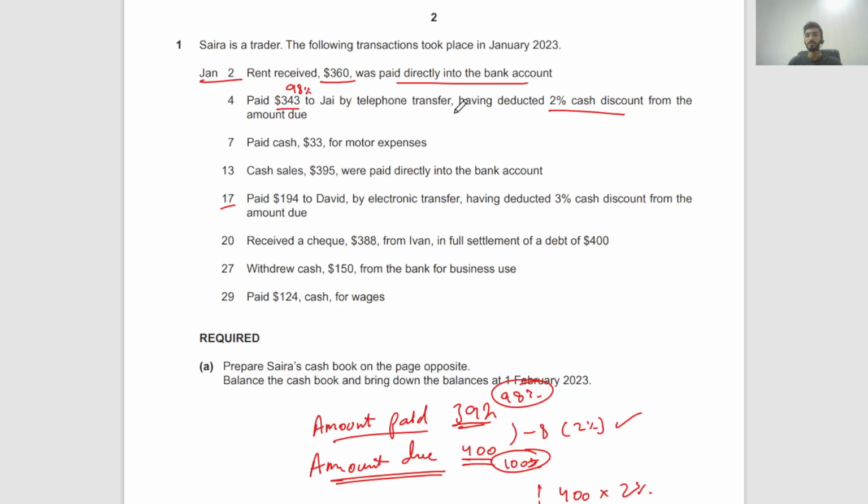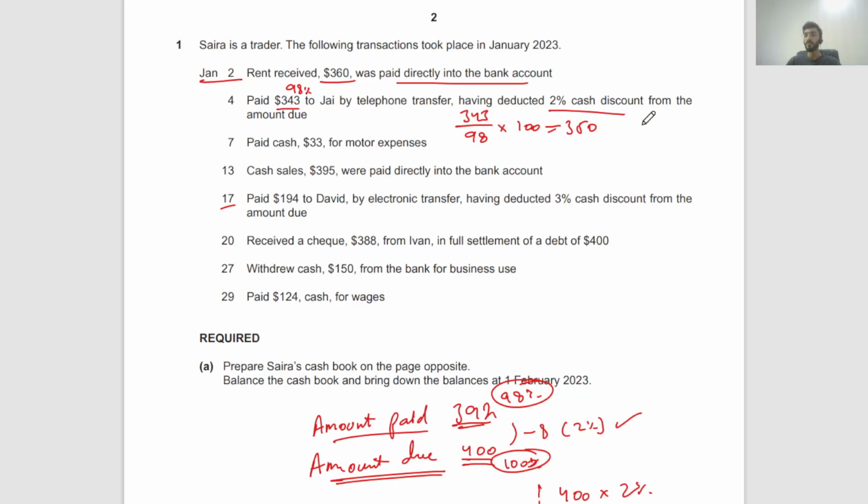How do we find the original? Well, we do 343 divided by 98 times 100, or you can just do times 2 to get the discount value. So 343 divided by 98 times 100 gives us 350. That must be the original amount due, all right?